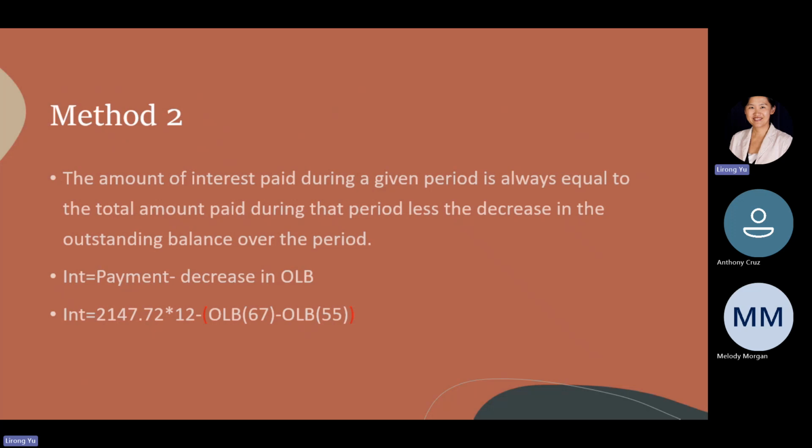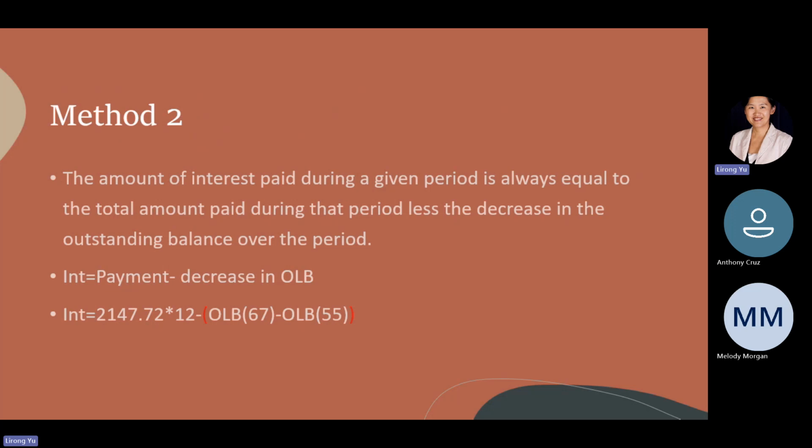And there's another method I think makes more sense. It's a lot easier to manage. So the second method is based on the fact that the amount of interest paid during the whole year is equal to the total amount that we paid minus the money that we are paying toward the principal. So this method is not following the interest formula. Instead, it focuses on the actual payment minus the principal that we paid.